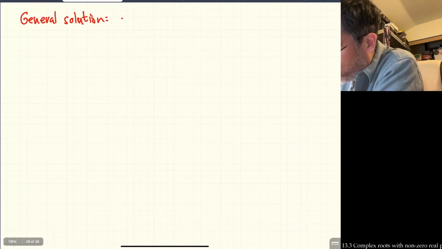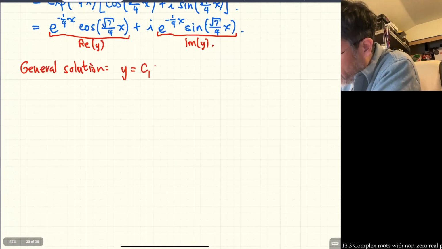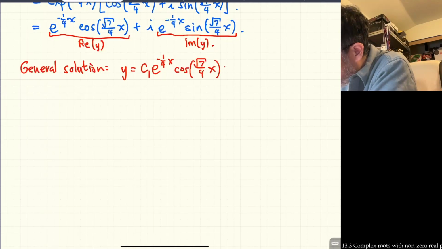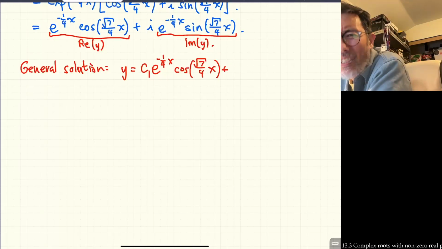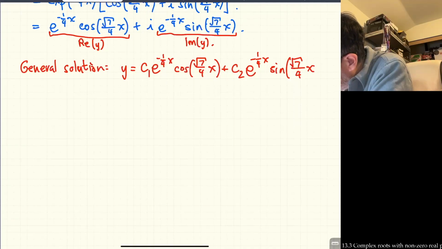It's y is equal to c1 e to the negative 1/4 x times cosine of square root of 7 over 4 times x, plus c2 times e to the negative 1/4 x times sine of square root of 7 over 4 times x.